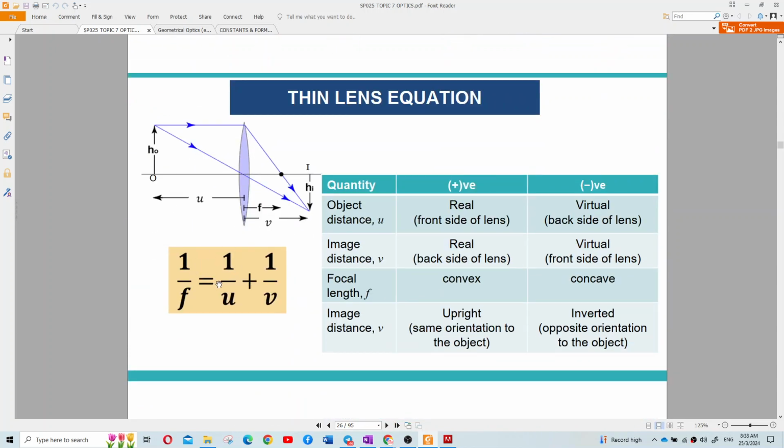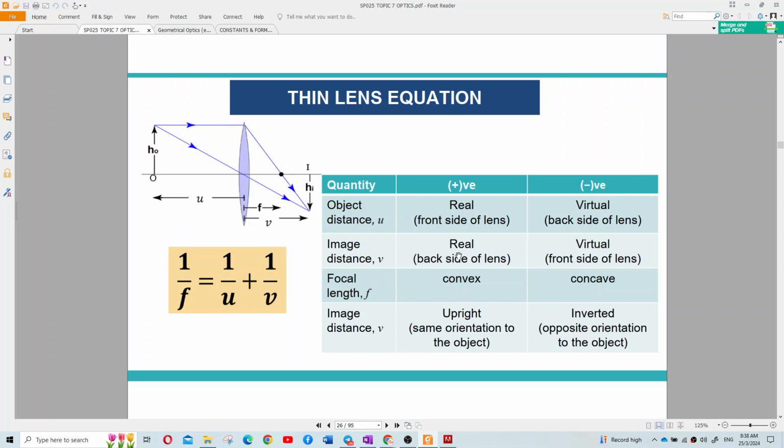This equation is the same as mirror. Yeah, we use the same equation. These are the positive, negative sign conventions. Object distance, if it is a real object, is considered positive. If a virtual object, it's considered negative.